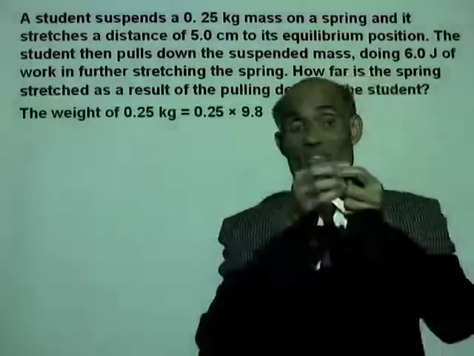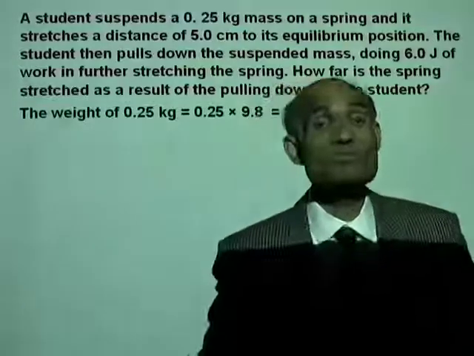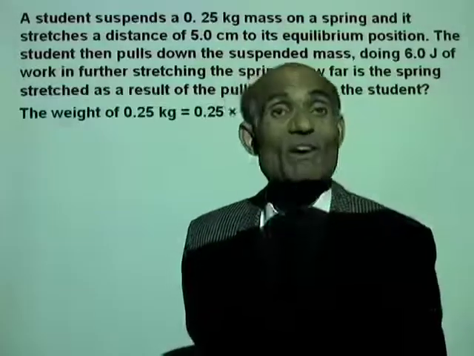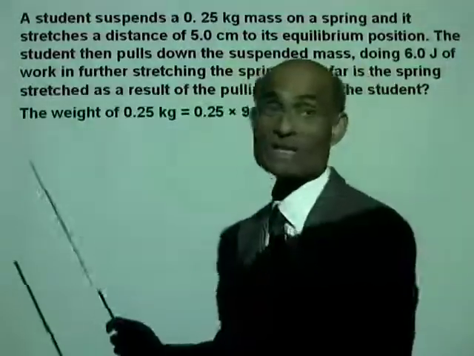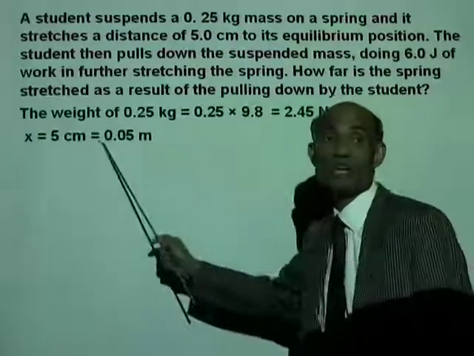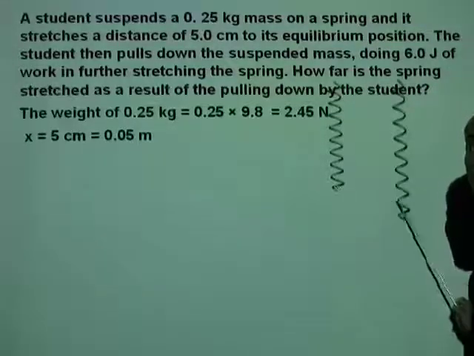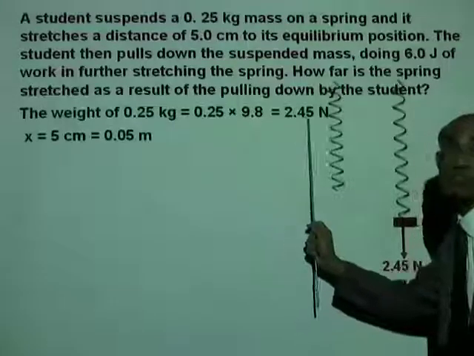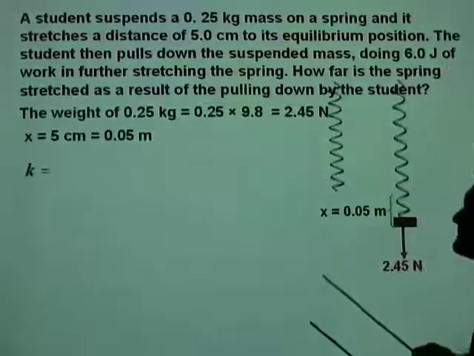Now, you know that the stretching force F equal to kx. This helps us to find the value of k of the spring. You see, in the problem we need the value of k. So let's find the value of k. The displacement produced by this force is 0.05 meter. This is the relaxed spring. And now when we suspend a mass, applying a force of 2.45 Newton produces a displacement x equal to 0.05 meter.